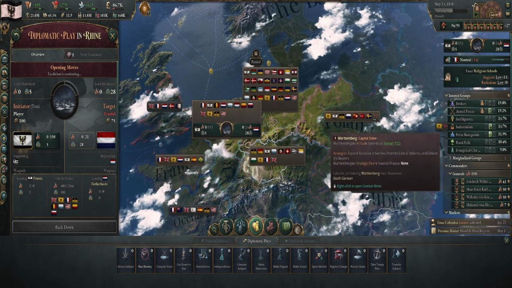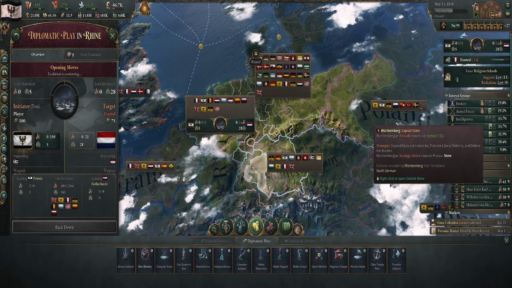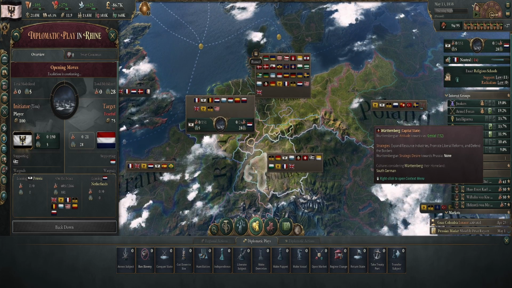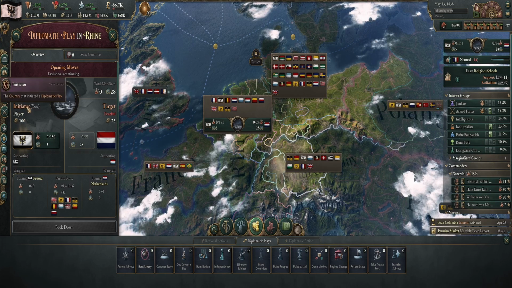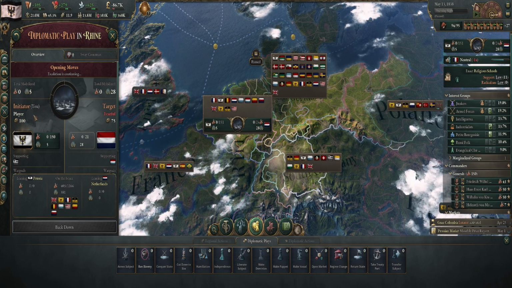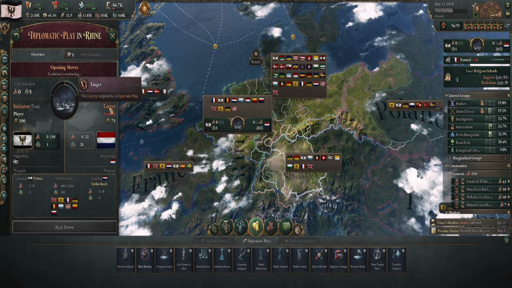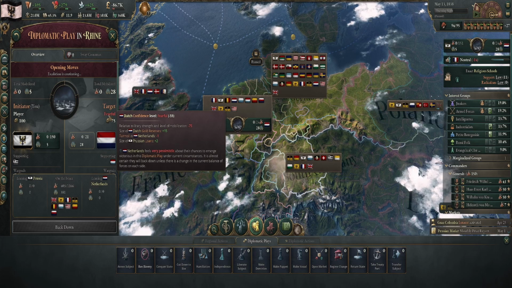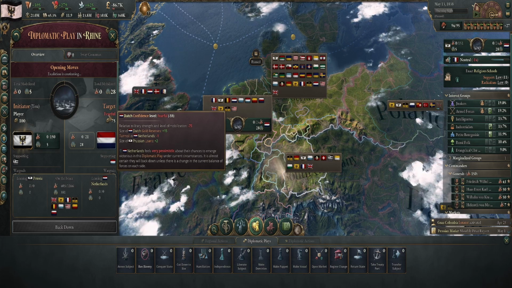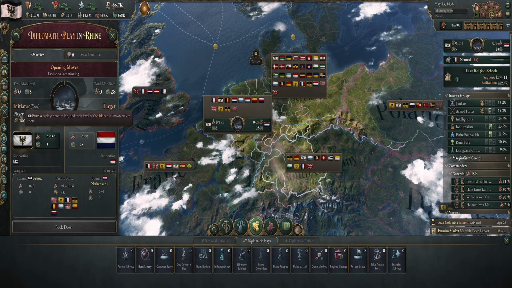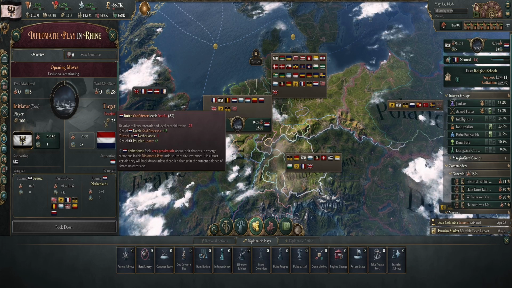You have a chance to still back out in the case that you start something and you think, okay, maybe it's not a good idea, right? But anyway, here you can see we are now the initiators because we are the ones who started this diplomatic play. The target, Netherlands, is currently very fearful towards us because we are very strong. Although we are mobilized, we have a strong presence compared to them.